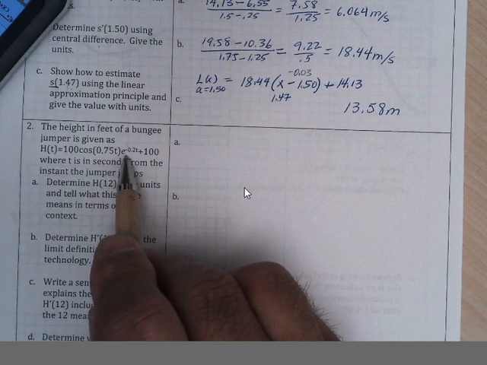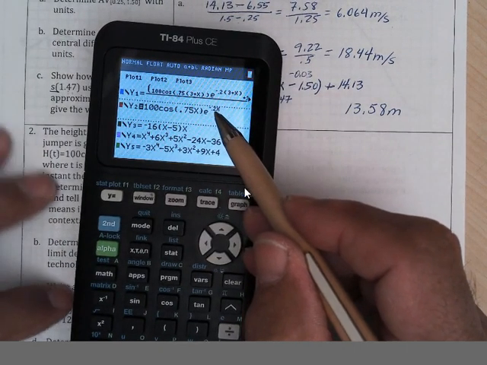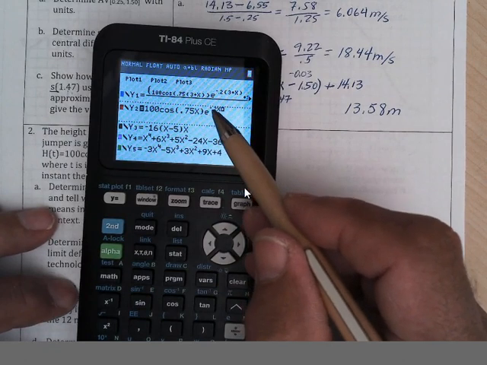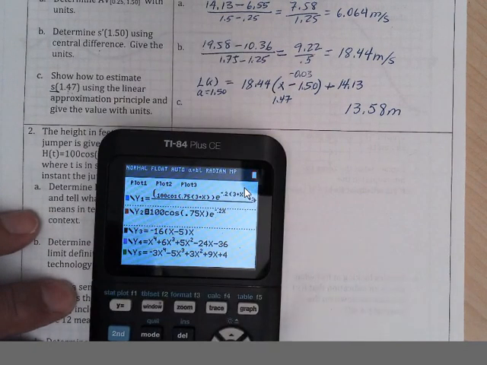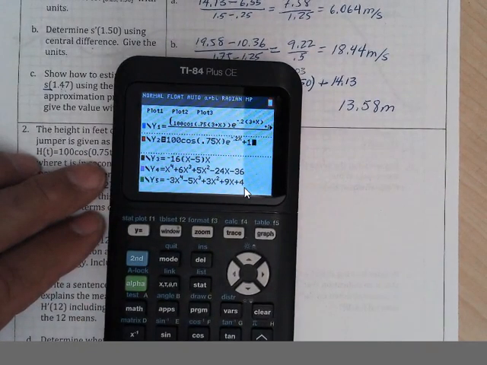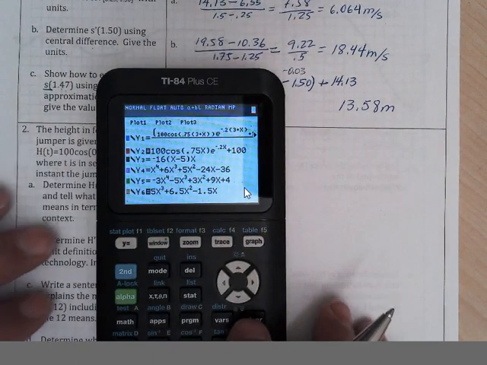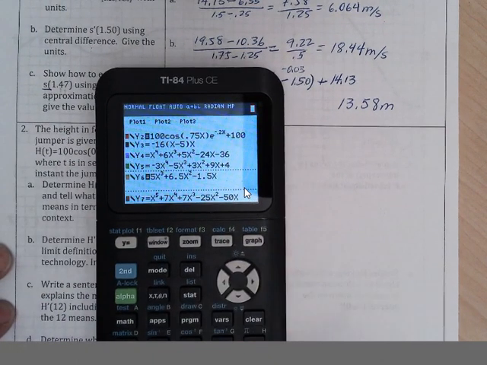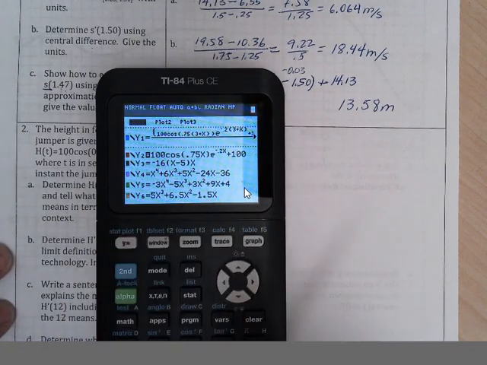If you're doing it on another calculator that doesn't put the exponent up here and uses a caret, then you have to put this all in parentheses. Okay, plus 100. I'm turning off these other equations that I have in here for another class, so the only one I have on is that one.